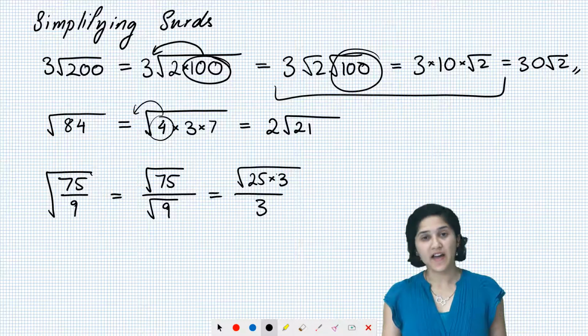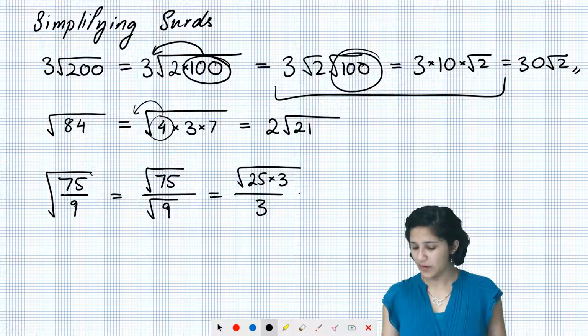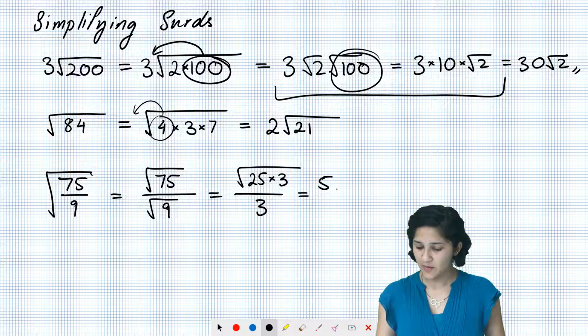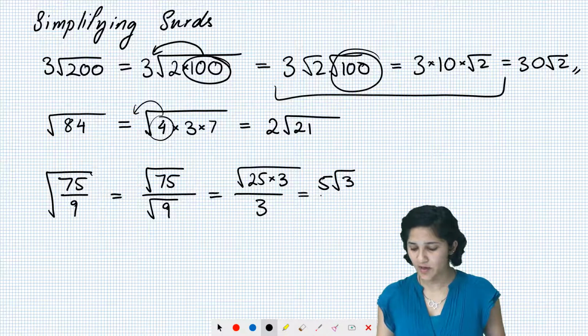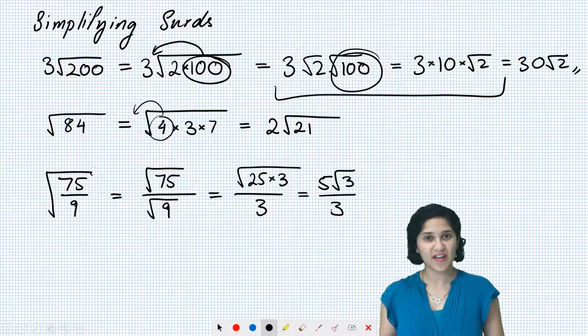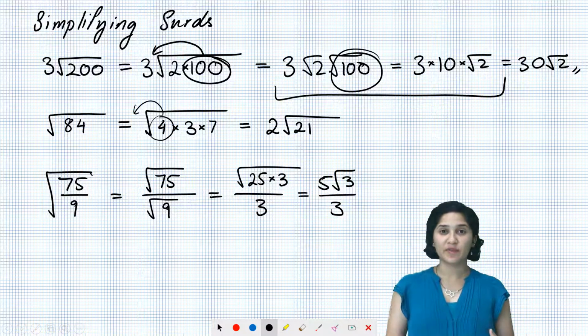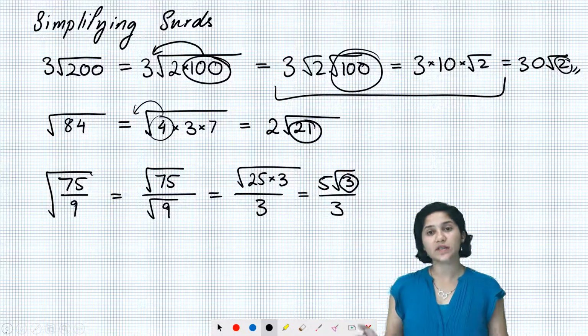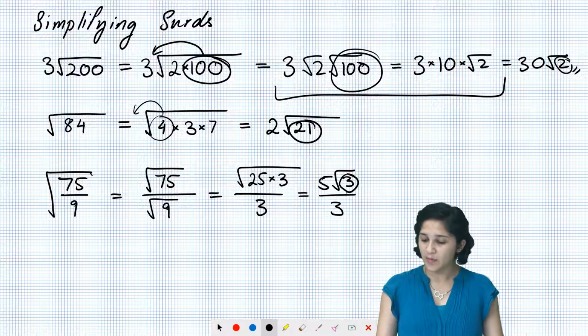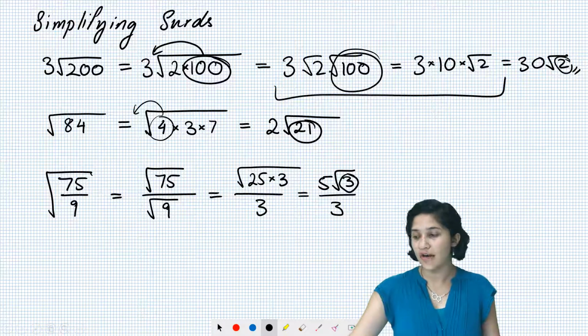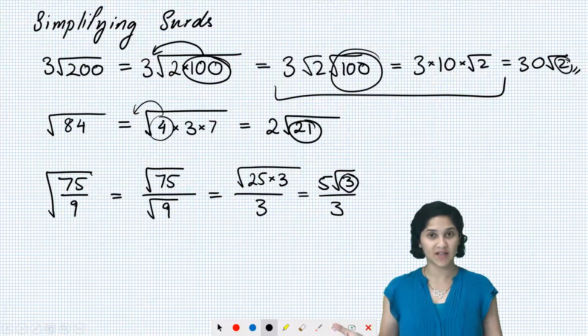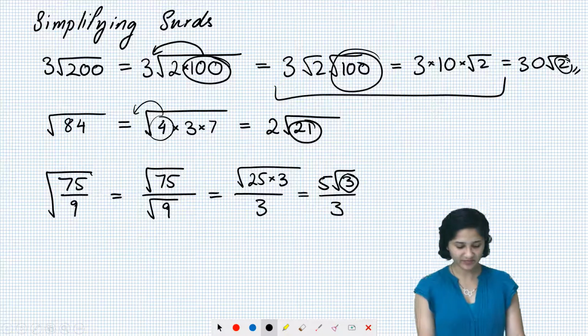So since 25 is the square of 5, we can pull that out. And we're left with 5 root 3 over 3. Okay, so that's how you simplify surds, and you know it's completely simplified when the numbers on the inside no longer have any square factors. Alright?